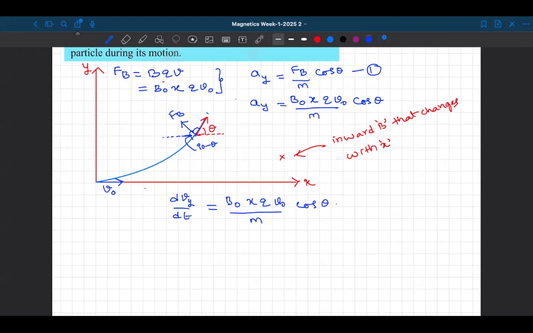I can write this fraction another way also: dvy by dx times dx by dt is B naught X Q V naught cos theta by M.